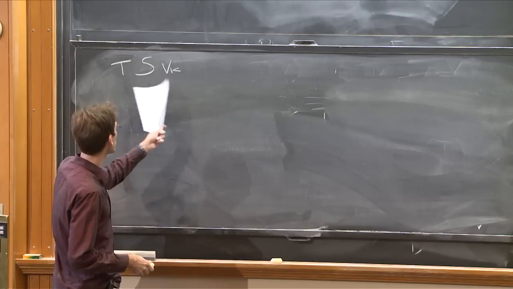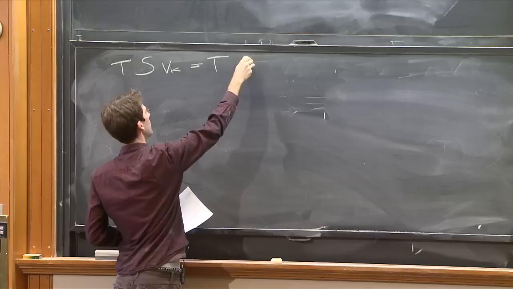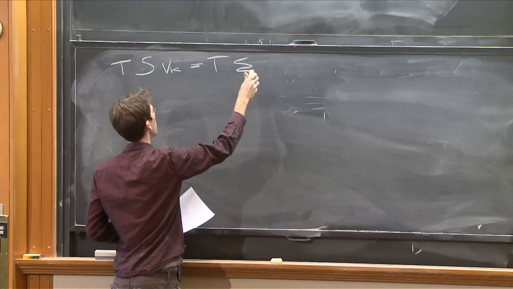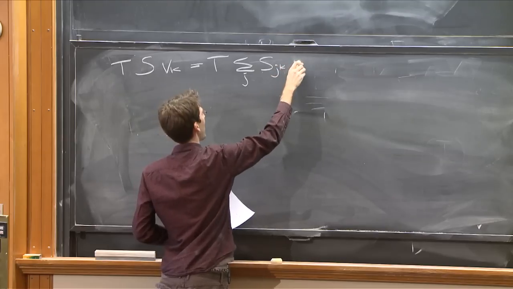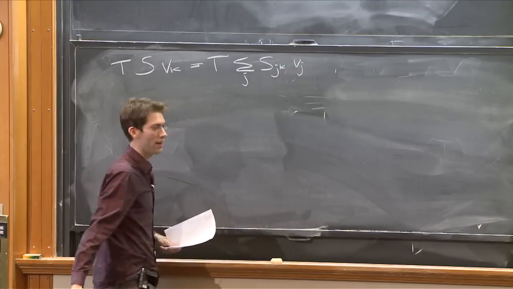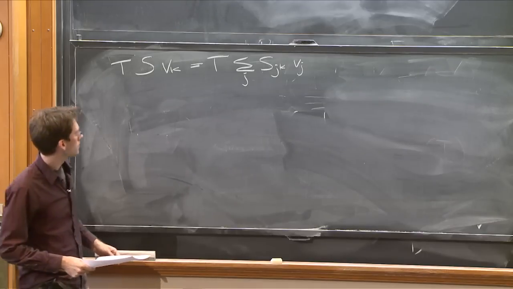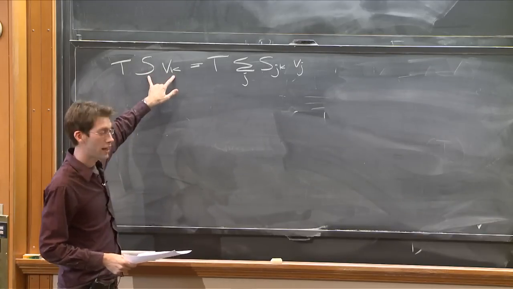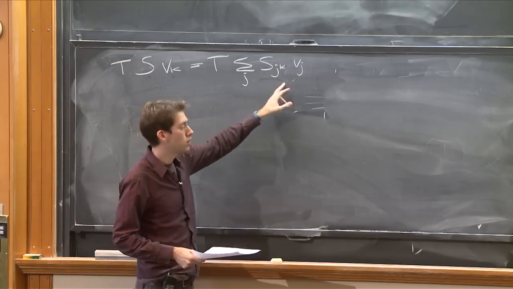So if we just expand out what we wrote before, this is equal to T times the sum over j of S_jk v_j. So S v_k can be re-expressed in terms of the basis with some coefficients.